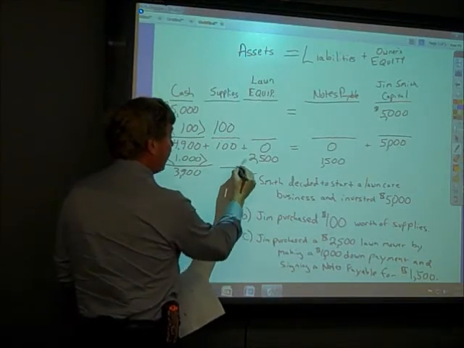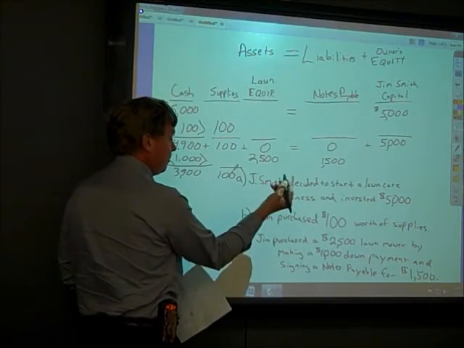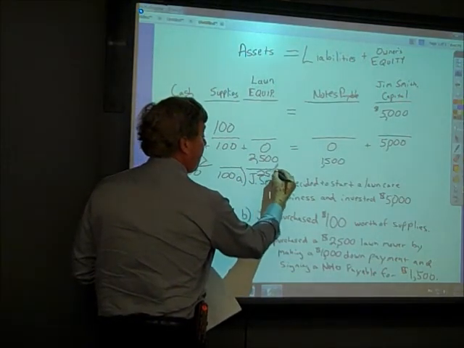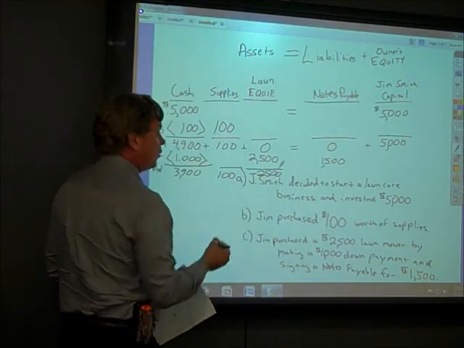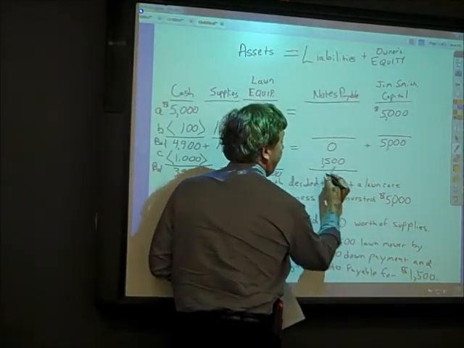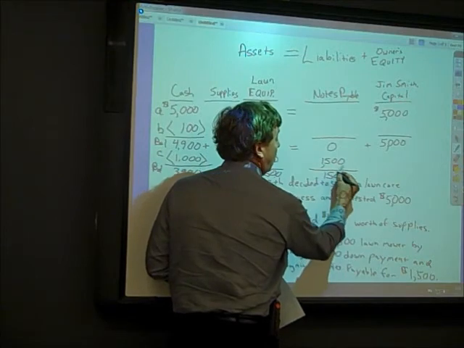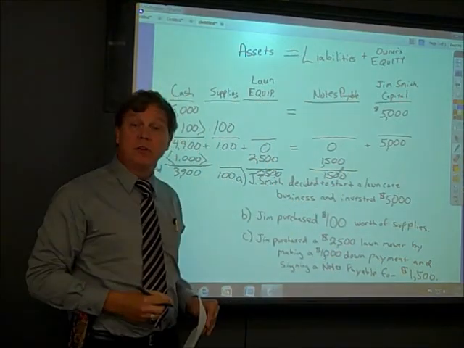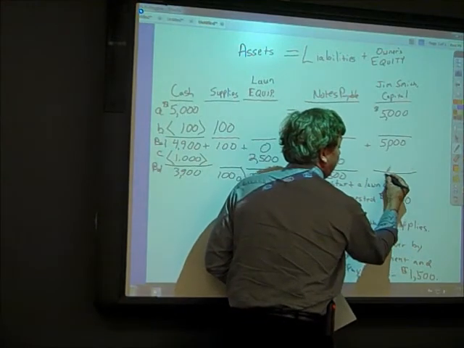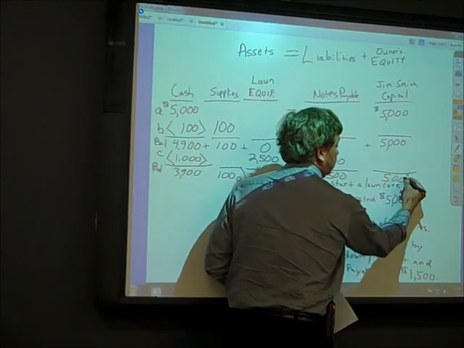We still have $100 worth of supplies in our storeroom that we haven't used. We have lawn equipment worth $2,500. We now have a notes payable of $1,500. And our equity wasn't changed in this. It's still $5,000.